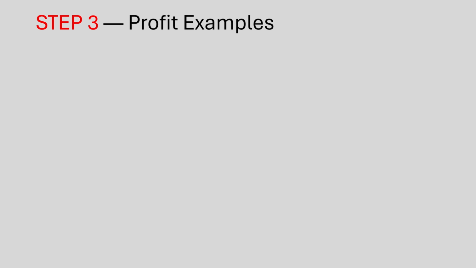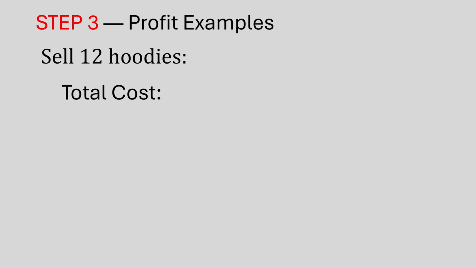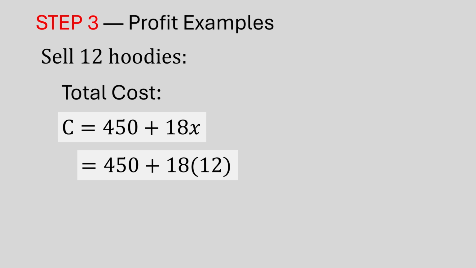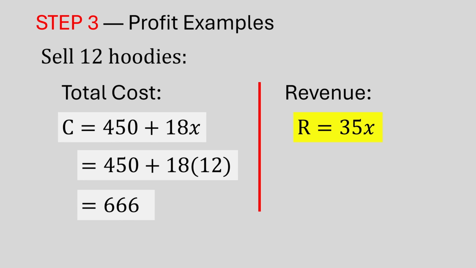Step 3. Profit examples. Sell 12 hoodies. If 12 hoodies are sold, total cost equals 450 plus 18 times 12 equals 666. Revenue equals 35 times 12 equals 420.